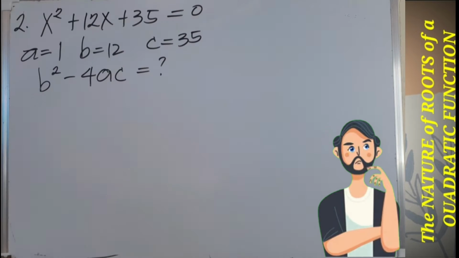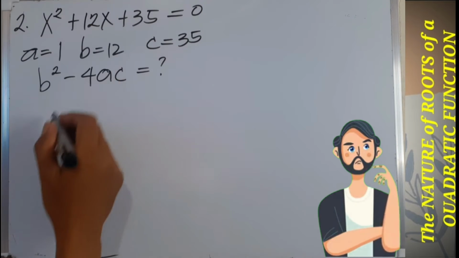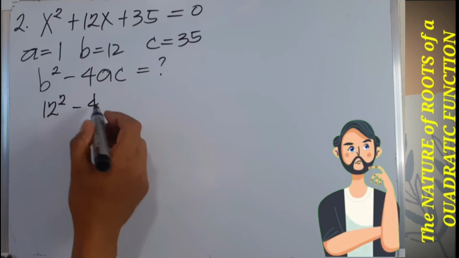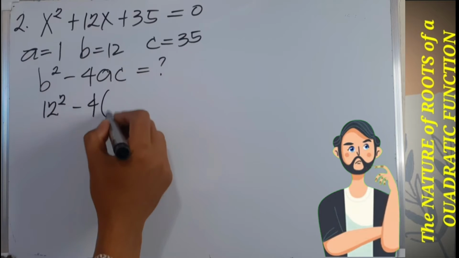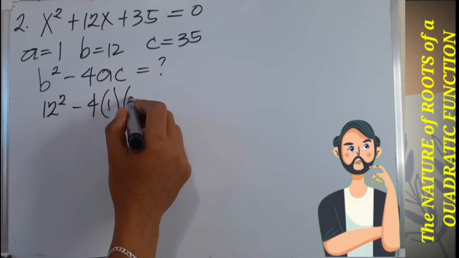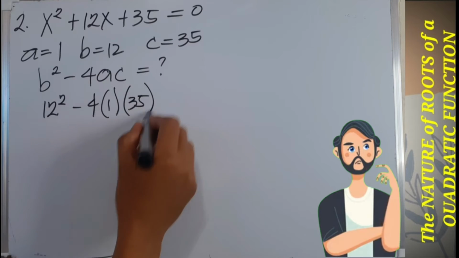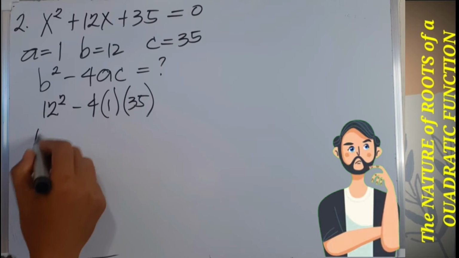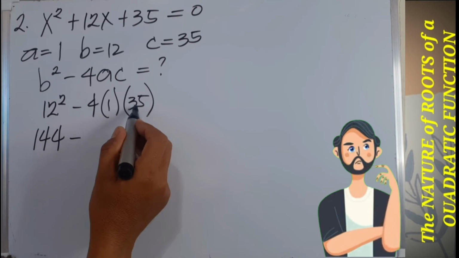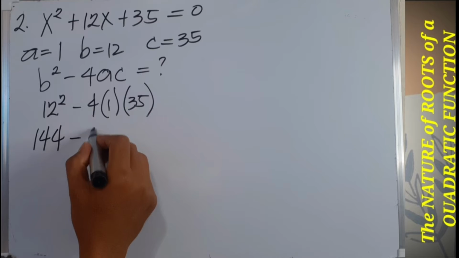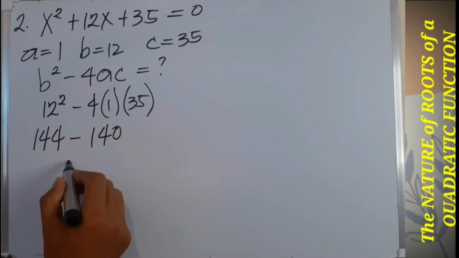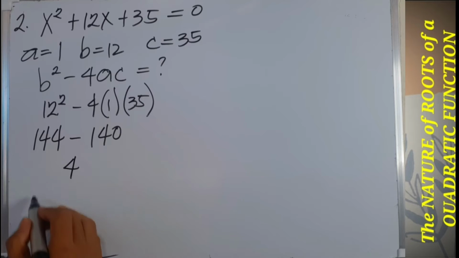B squared is 12 squared minus 4 times 1 times 35. 12 squared is 144. 4 times 1 times 35 is 140. 144 minus 140 is 4.